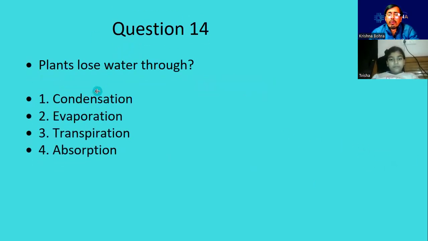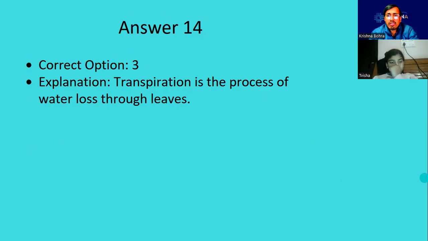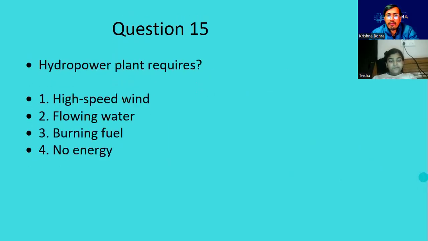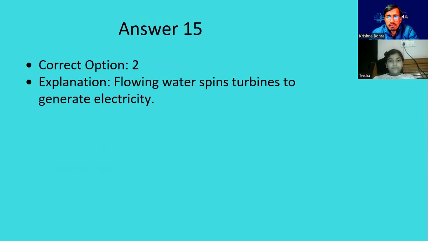So question number 14: plants lose water through condensation, evaporation, transpiration, absorption. Option 3, transpiration. You are absolutely correct. Let's move on to question number 15. A hydropower plant requires high-speed wind, flowing water, burning fuel, and no energy. Flowing water. You are absolutely correct.